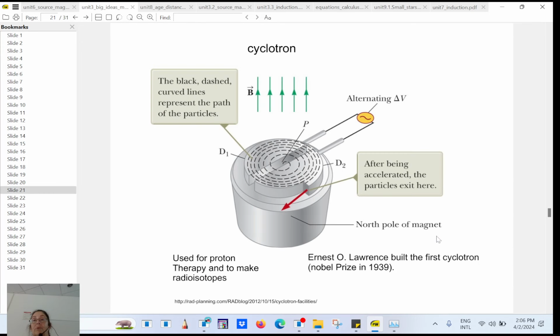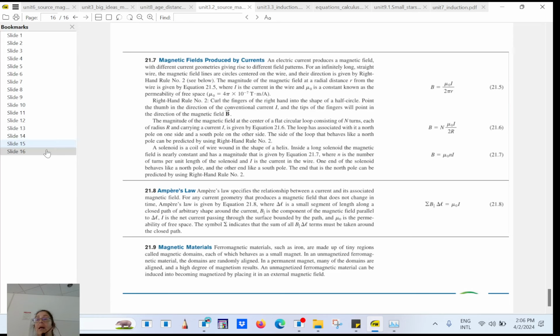Also for test number 3, I recommend that you review chapters 3.1, 3.2. Okay, is that right? 3.1, 3.2. At the end of these units, you have equations that I took from the book by Johnson and Cutnell at the end of the chapter.